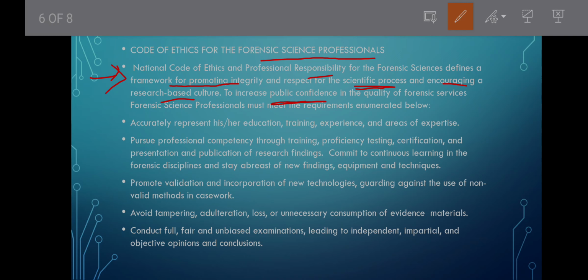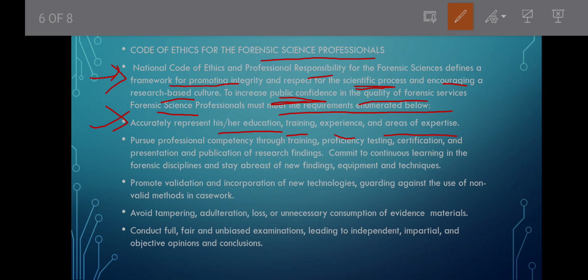Someone should believe you for whatever you are doing, so everywhere we have ethics. Here in forensic science we have listed them down. Public confidence in the quality of forensic service means the forensic science professional must meet the requirements enumerated below. The first one: accurately represent his or her education, training, experience and areas of expertise.